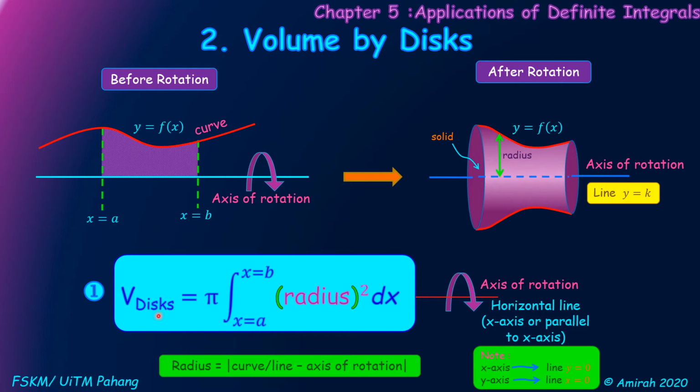That's why volume by disc equals integration of the area of a circle, which is pi radius squared. Pi here means constant, so we can move it out from the integration sign. But we cannot move out the radius because the radius must be in terms of variable x, if the axis of rotation is parallel to the x-axis.